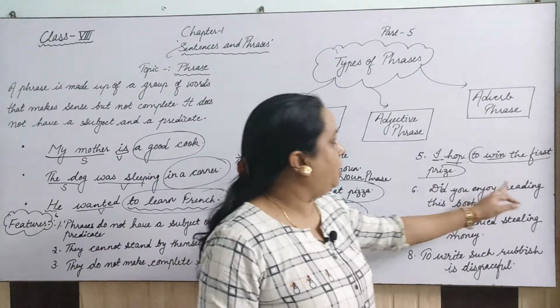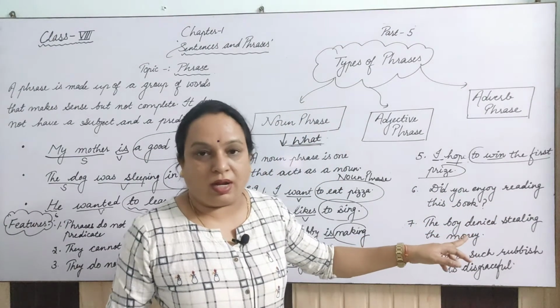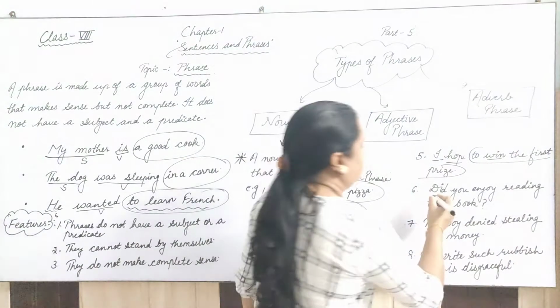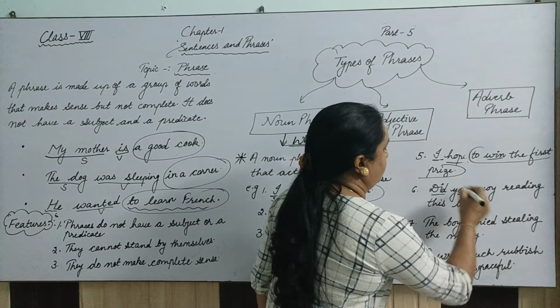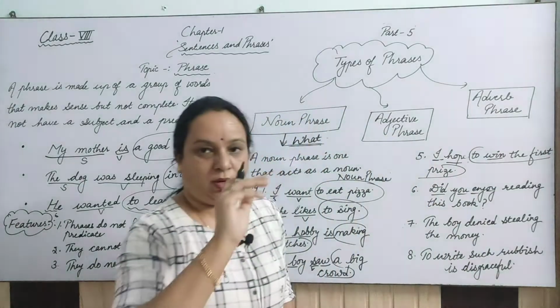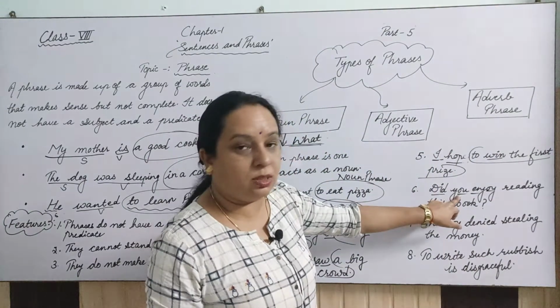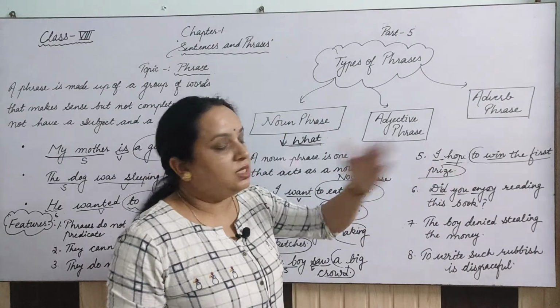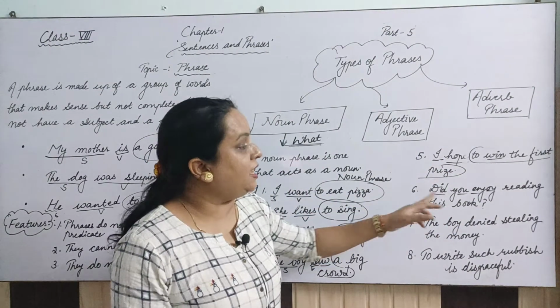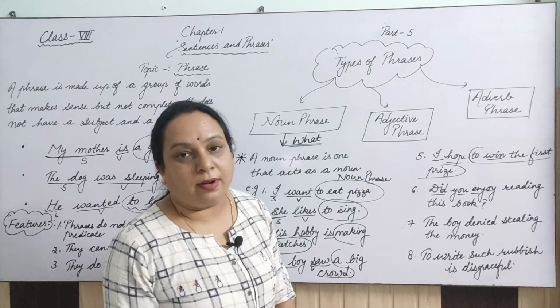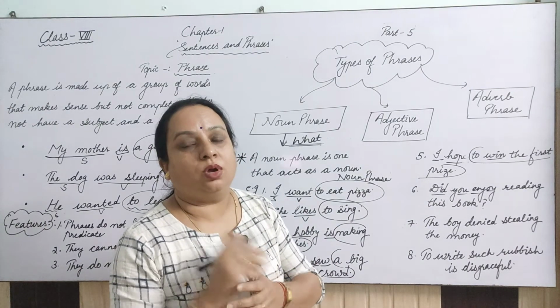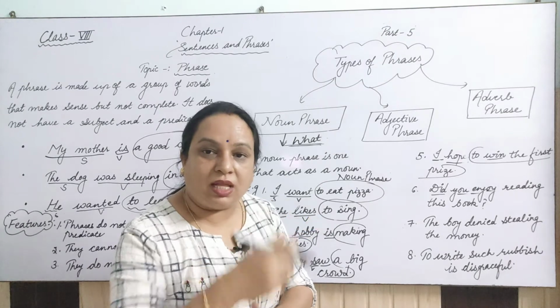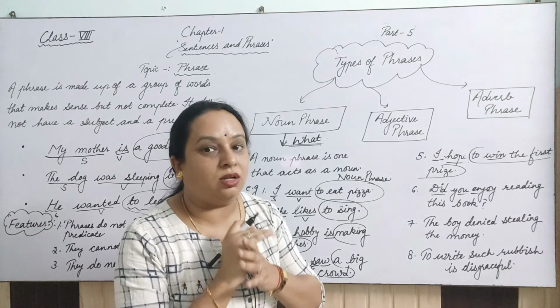Now see, sixth sentence. Did you enjoy reading this book? Right? Now, did we will take, enjoy we will take from here, because you is what? Subject. Enjoy is the main verb and did is the helping verb. What is the left portion? Reading this book, right? Now reading, once again you will say that is a verb, but that is not a finite verb.